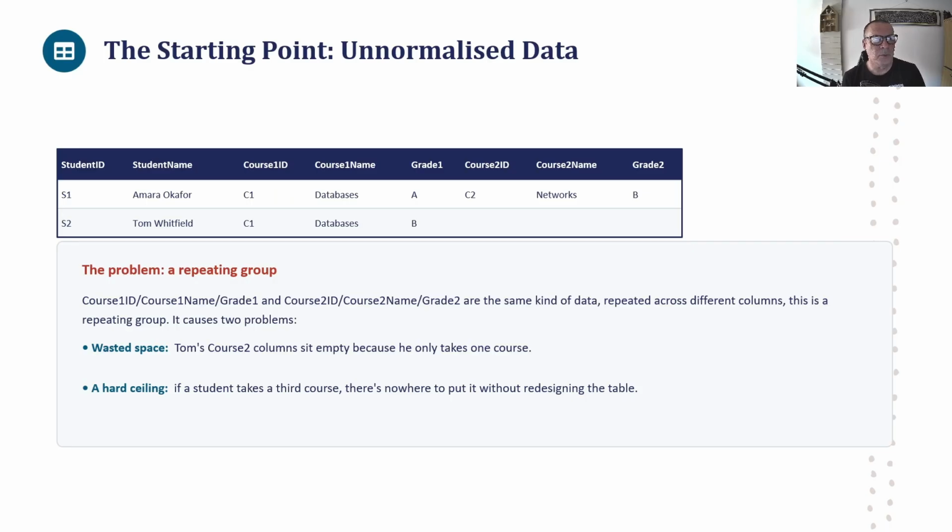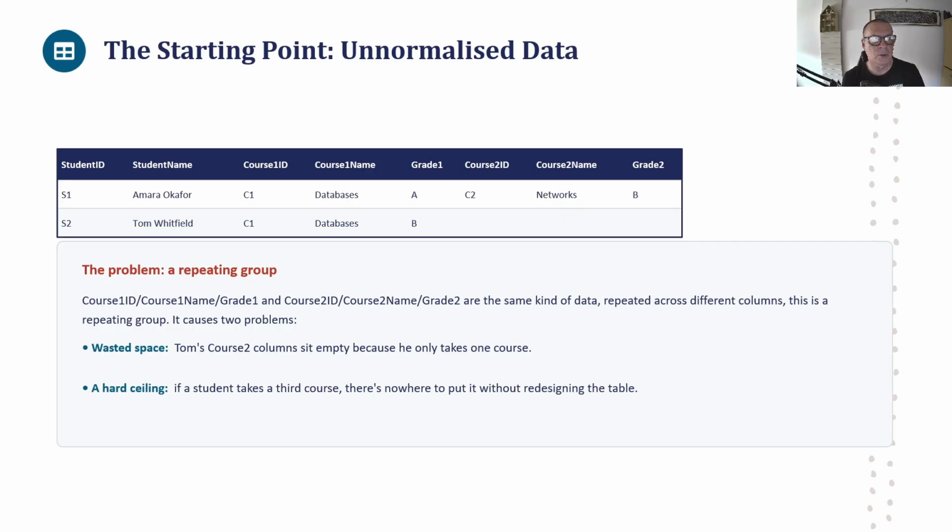So here's an example of some unnormalized data. We have a couple of students doing courses, Amara and Tom. Amara does 2 courses, course C1 databases and C2 which is networks, and she's got grade A in course 1 and a grade B in course 2.